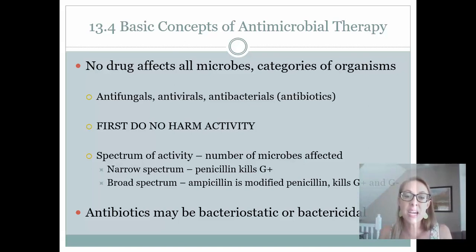Oftentimes these antibiotics are more damaging to our normal microbiota, and so sometimes they can have a greater risk of diarrhea or some of those other opportunistic infections that we talked about. But the trade-off is that sometimes identifying which narrow spectrum antibiotic is best takes a little bit of time and a little bit of testing. So there's a balancing act here.